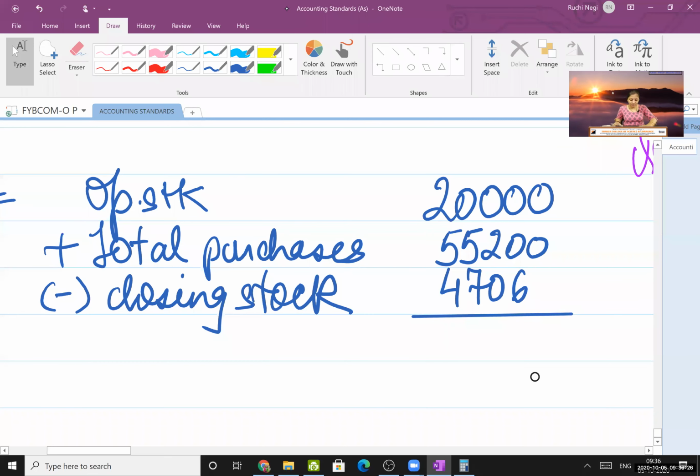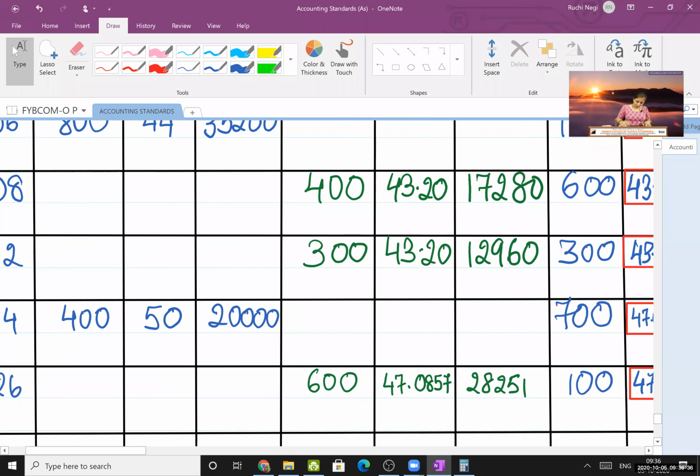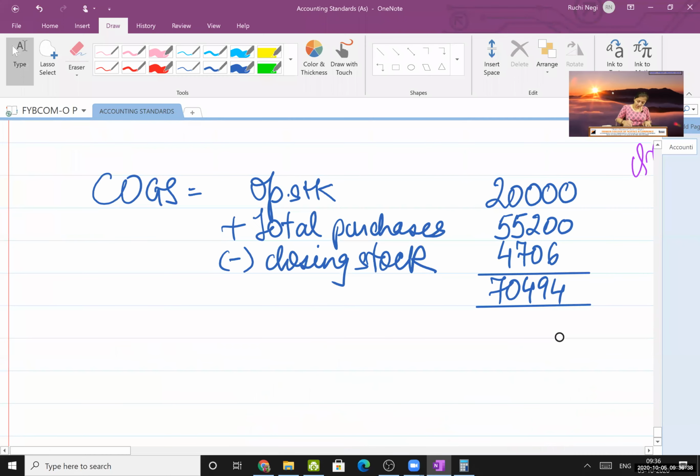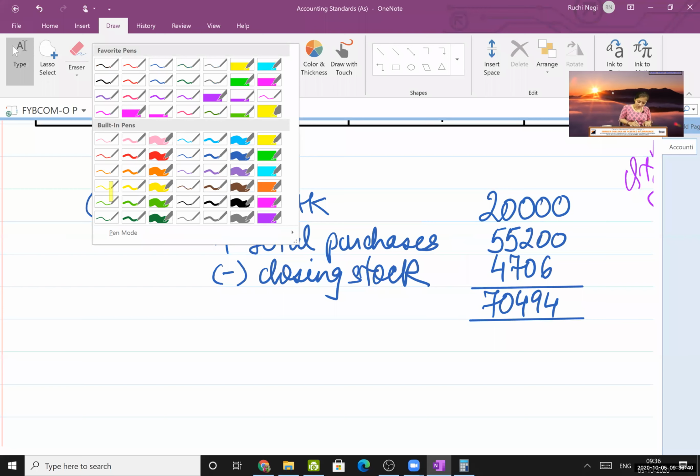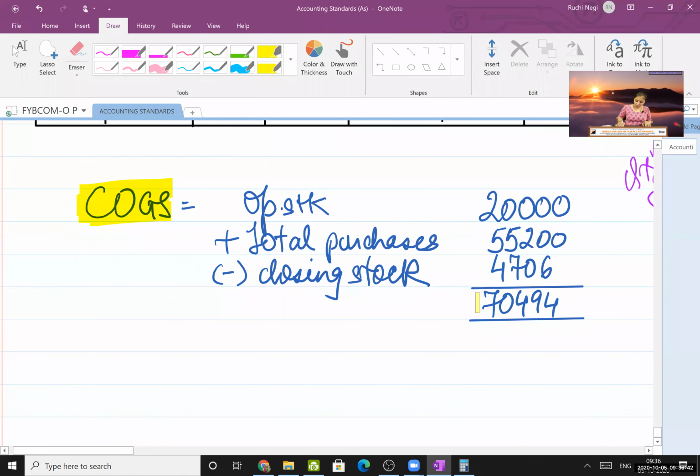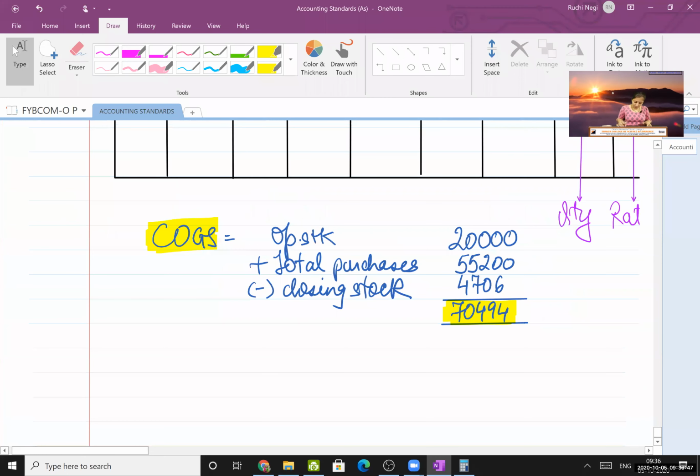So 70,494. 70,494. This is my COGS. Okay. So I got my COGS. 70,494. Okay.